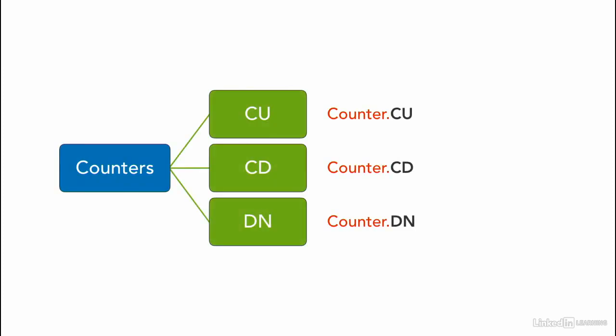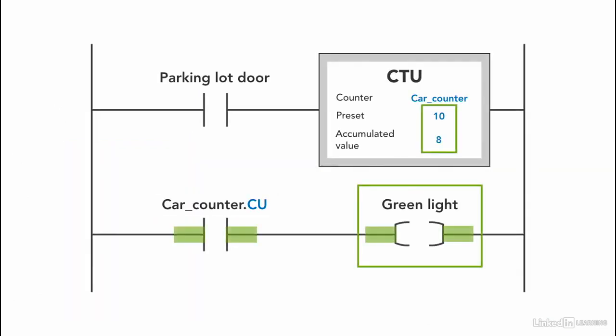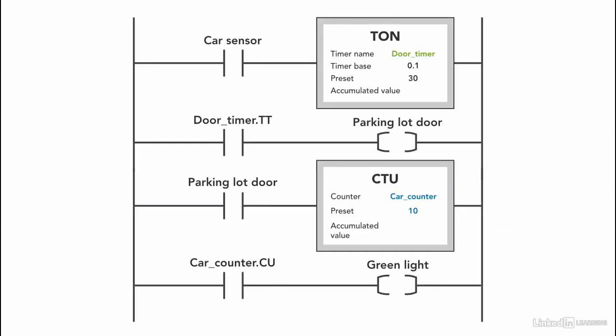Since I want the green light to be on while counting, and while the accumulated value is less than the preset, the bit that I'm going to use is the count up bit. So now, as long as the accumulated value is less than the preset, a green light will turn on, indicating we have enough spots for parking. So this is how the logic looks so far.